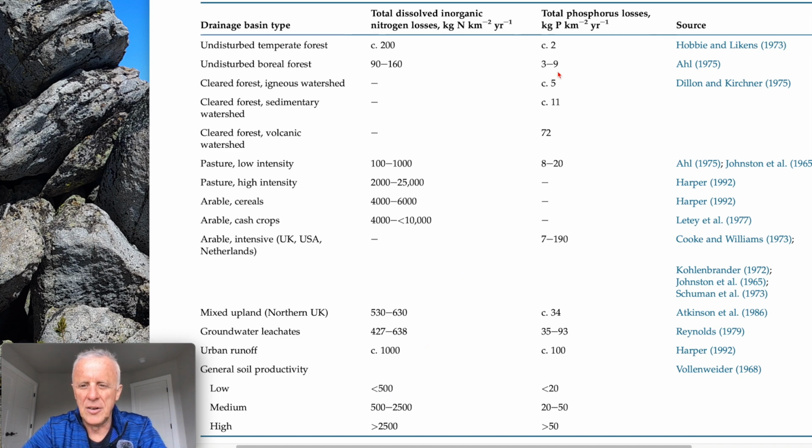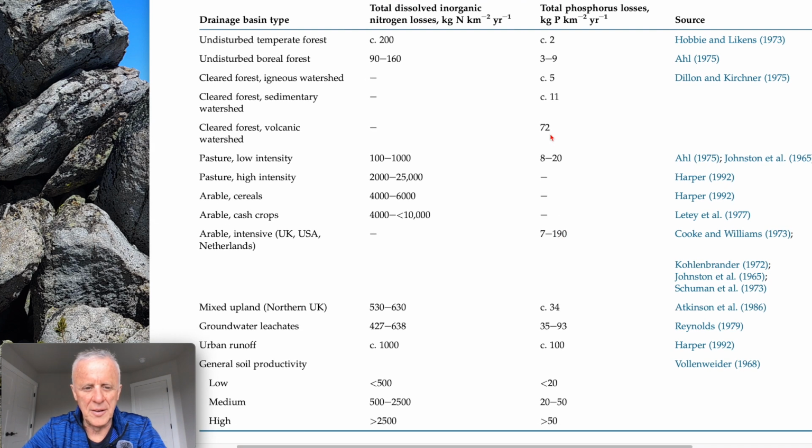sense. In terms of phosphorus, high values of phosphorus, we have arable lands in the UK, the US, and the Netherlands. And we have also cleared forest, volcanic watershed. And groundwater leachates have a fair amount of losses of phosphorus, as well as urban runoff.